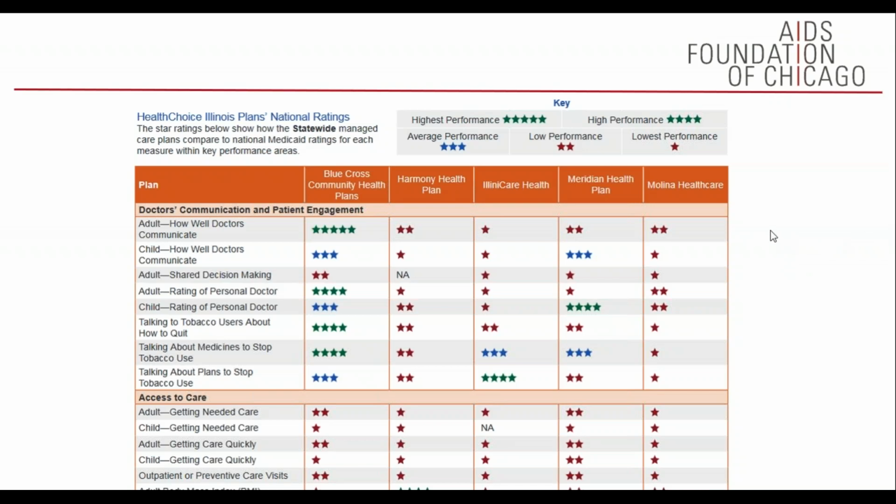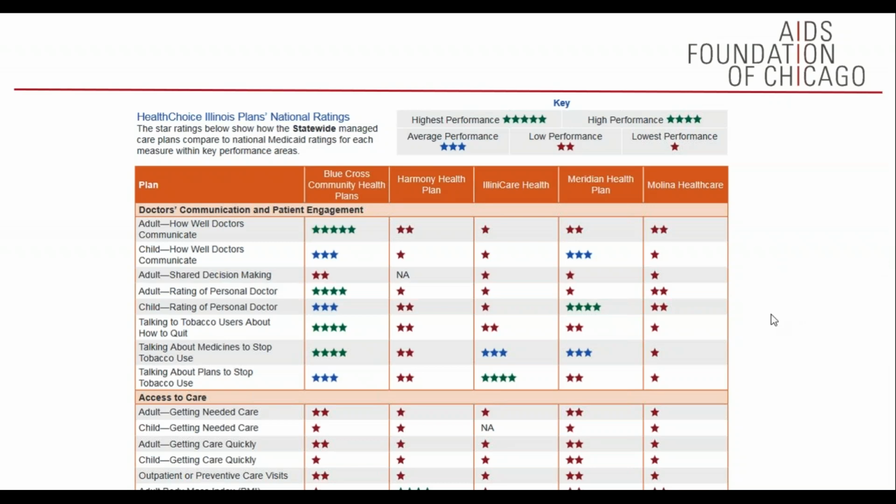The first performance measure is adult, how well doctors communicate. The second one is child, how well doctors communicate. So these are different performance measures that went into populating the category of doctors' communication and patient engagement. And HFS was the one that ultimately decided which metrics go into populating each broad category or domain.